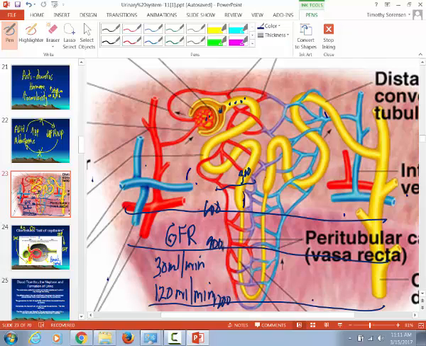Low osmolarity to high. So what's the osmolarity of this filtrate? It's 300. So where's the water going to move as it enters the descending limb of the loop of Henle? It's going to move from the filtrate back into the blood. This is how water gets reabsorbed. And it's done so by osmosis.